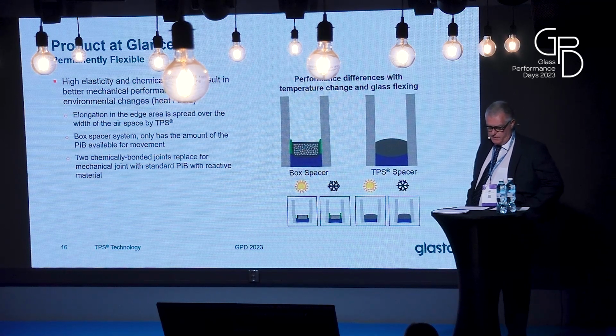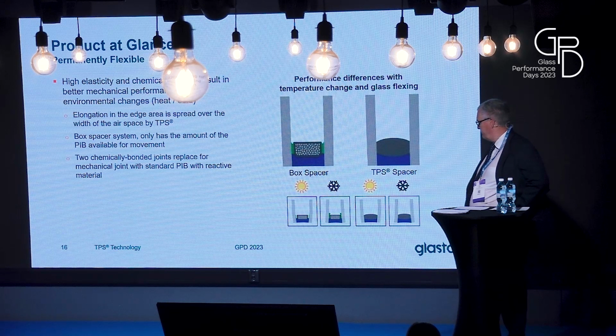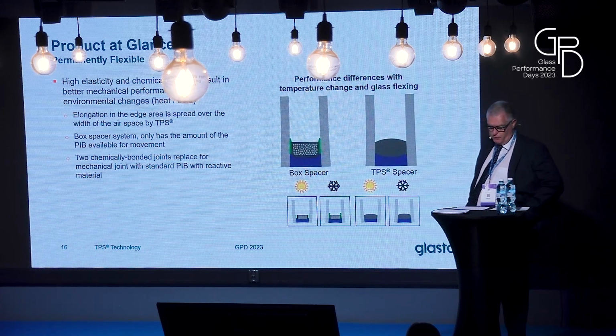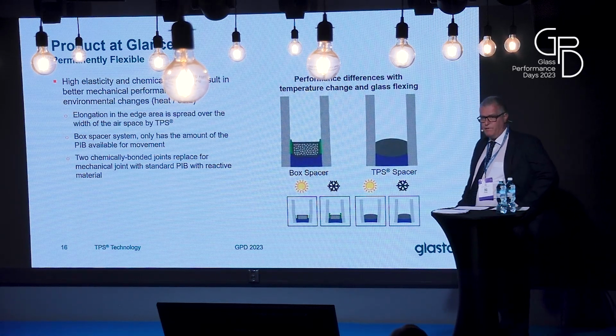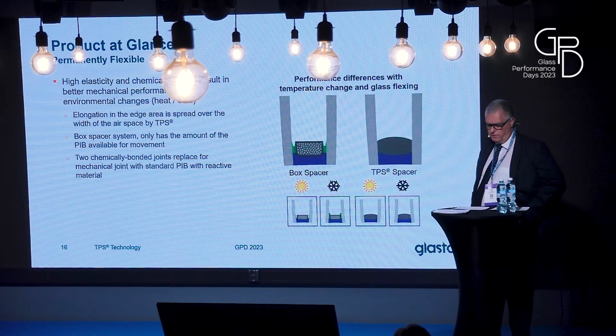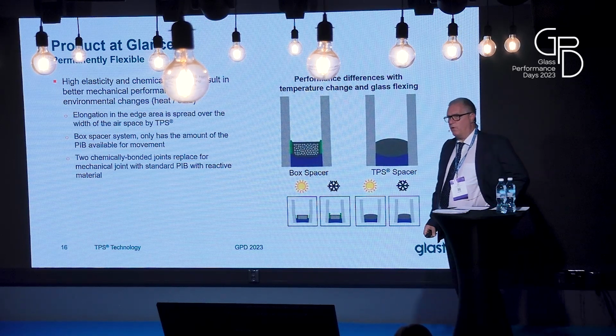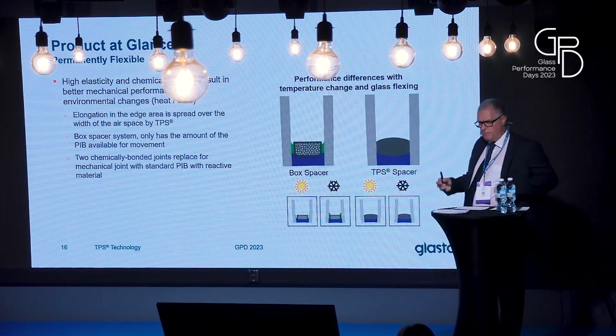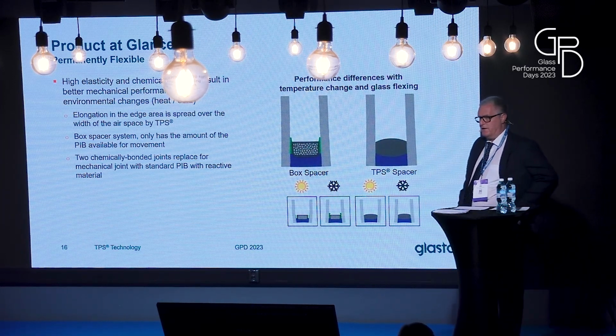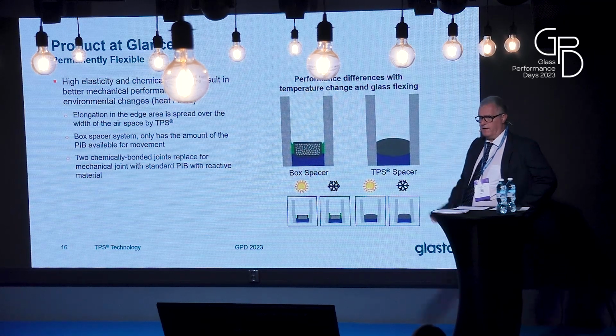Box spacer systems only have an amount of PIB available for the movement. Two chemically bonded joints replace the mechanical joint with standard PIB with reactive material. Therefore, such TPS units are also widely used in trains, because in trains the pumping effect is extreme, especially when they pass through a tunnel.